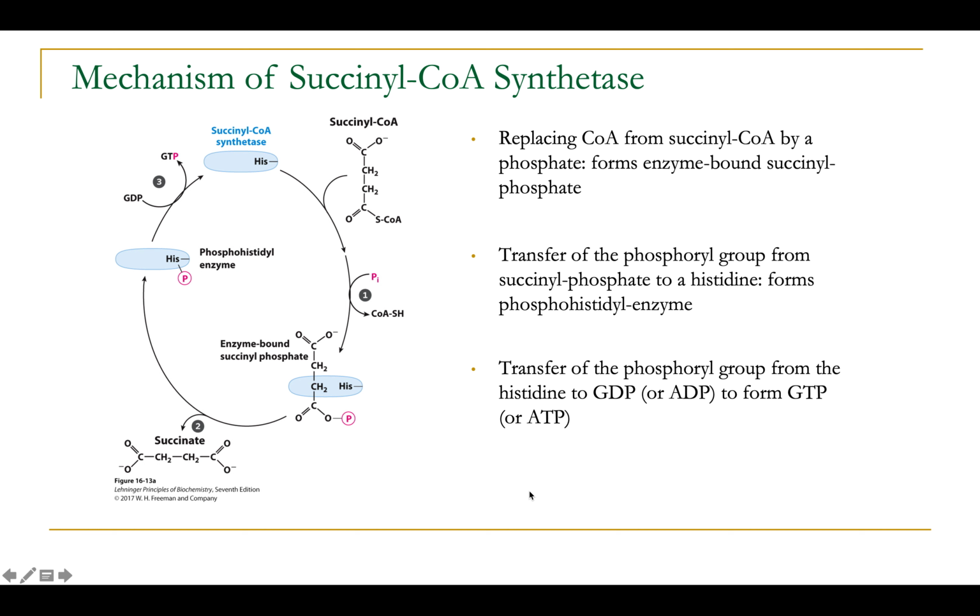And this concludes the first phase of the oxidative phase of the citric acid cycle.